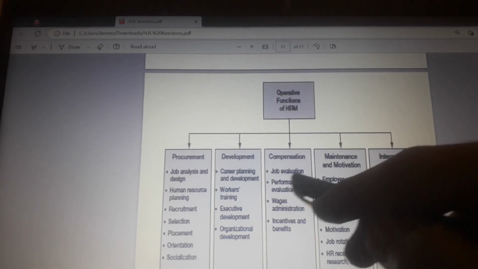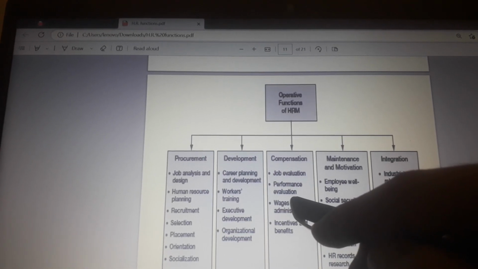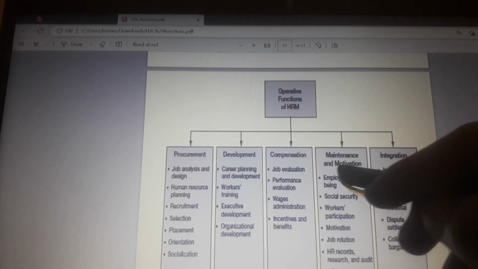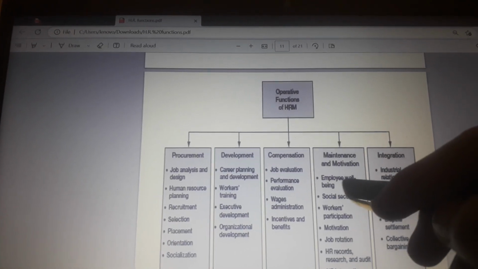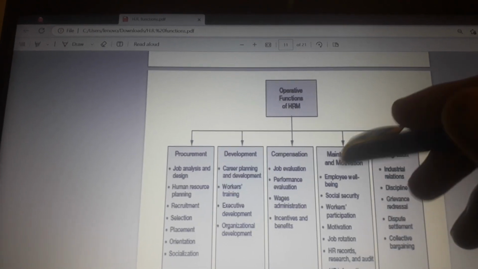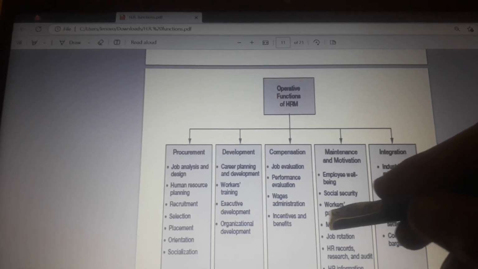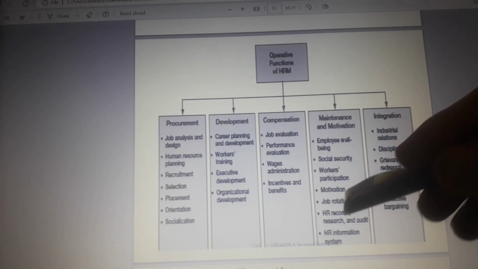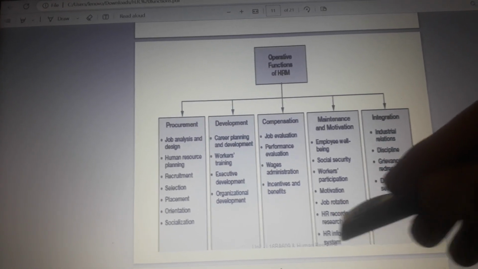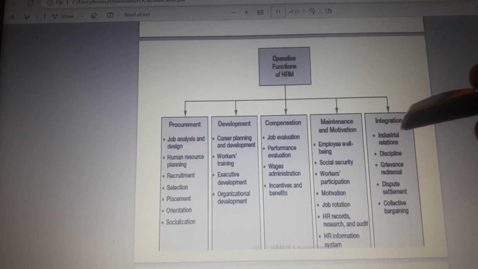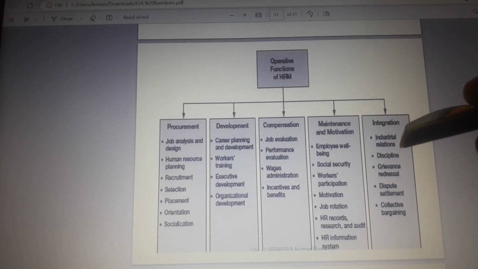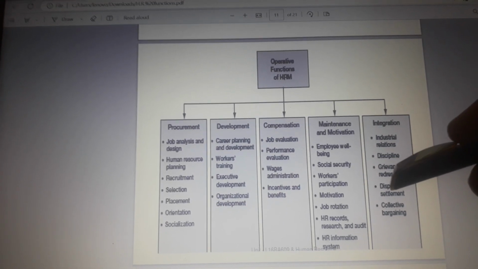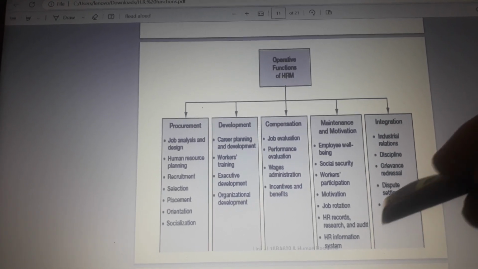In compensation come job evaluation, performance evaluation, wages administration, incentives and benefits. In maintenance and motivation come employee well-being, social security, workers participation, motivation, job rotation, HR records, research and audit, HR information system. In integration come industrial relations, discipline, grievance redressal, dispute settlement, collective bargaining.